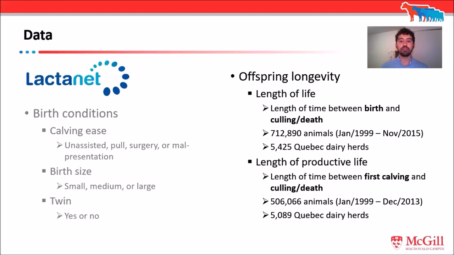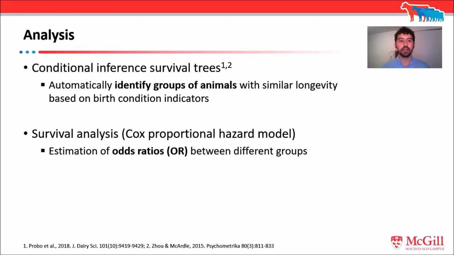And length of productive life is the actual length of time between first calving and culling or death of the animal. We had that information on more than 500,000 animals from more than 5,000 herds. To analyze that data, we used 2 techniques. We used an artificial intelligence technique called conditional inference survival trees.